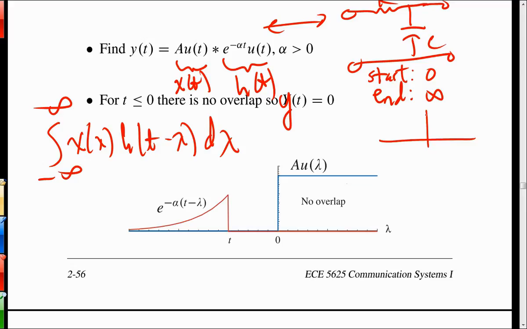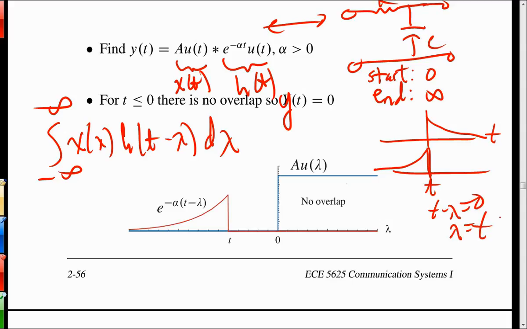So if the signal was doing something like this originally on the t axis, I flip it and it's doing something like that, and then when I slide it back and forth, this just becomes t. Because that critical point is when the argument is equal to 0, so when t minus lambda equals 0, that's when lambda equals t. That's how I know that value right there is t.